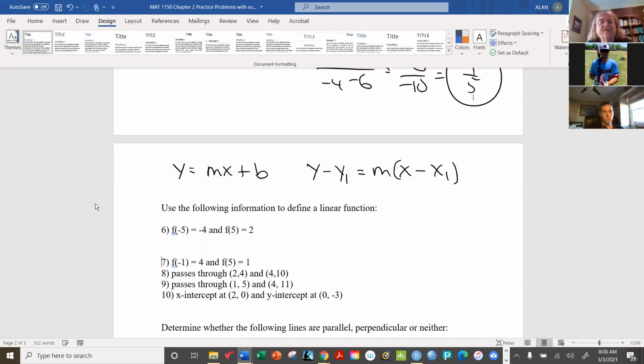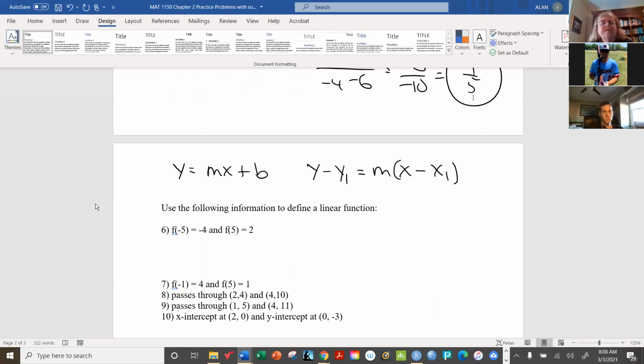Now here we've got f of -5 is -4. So just keep in mind that f of x is just y. So what do we do with this one? Okay, well, the first thing we always want to do is get the slope. So the slope is y2, of course.